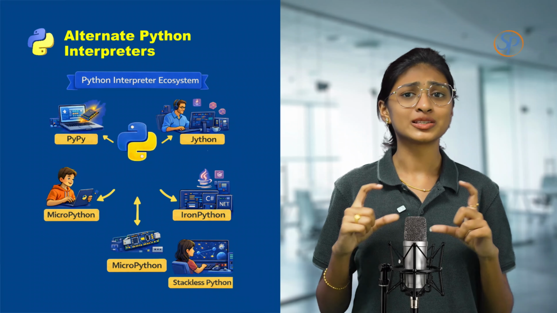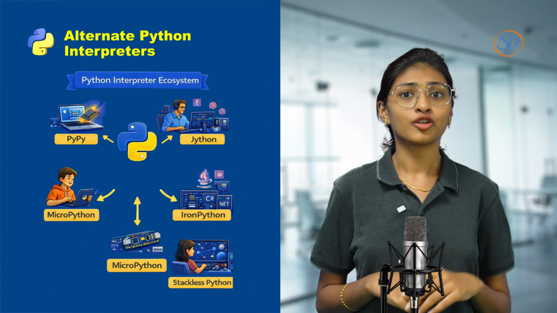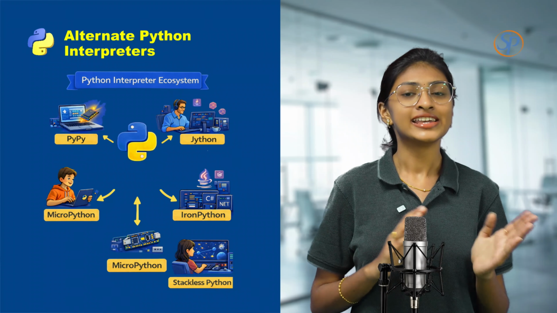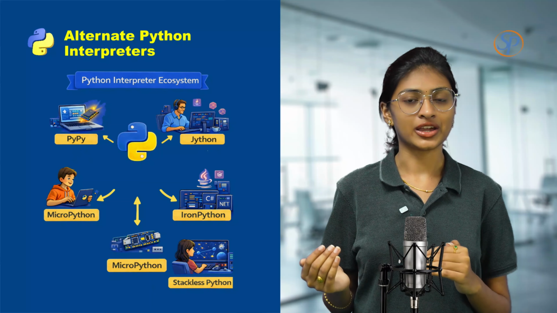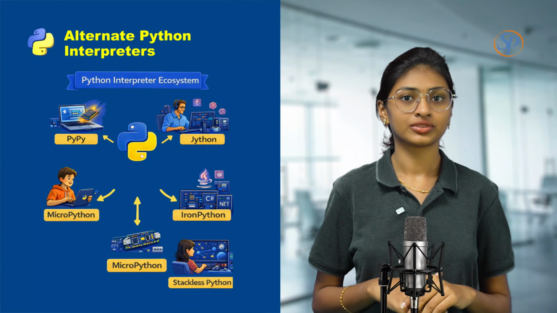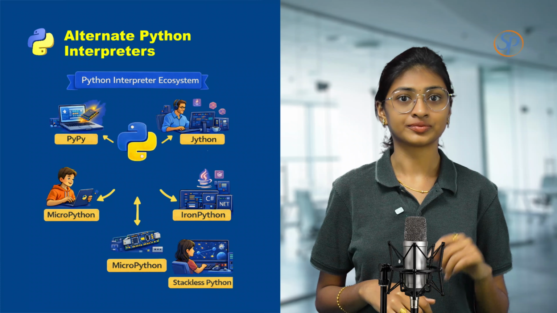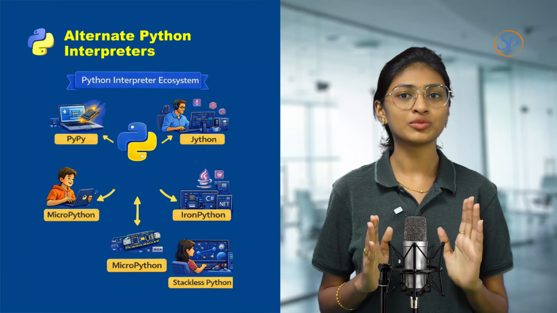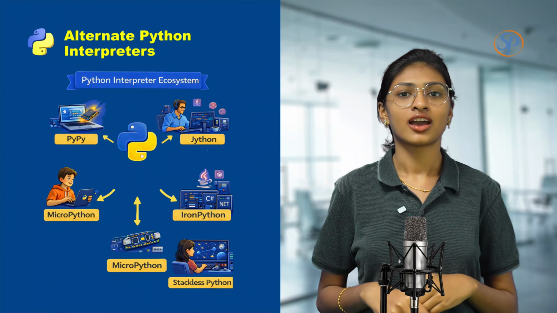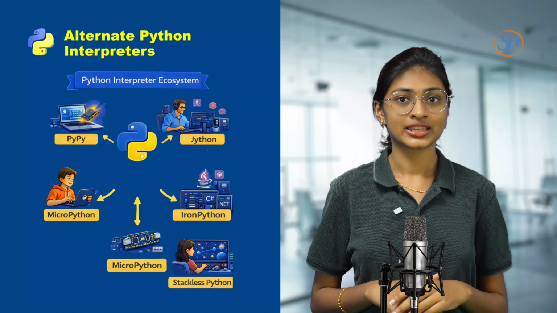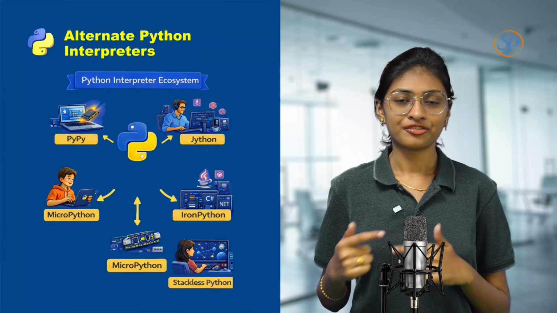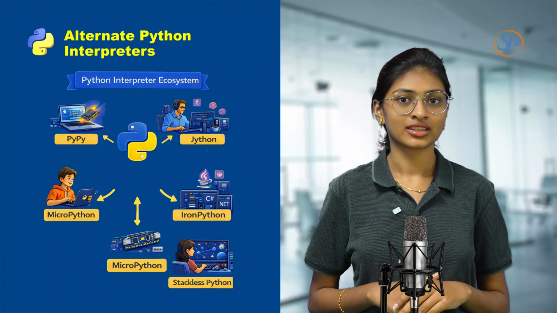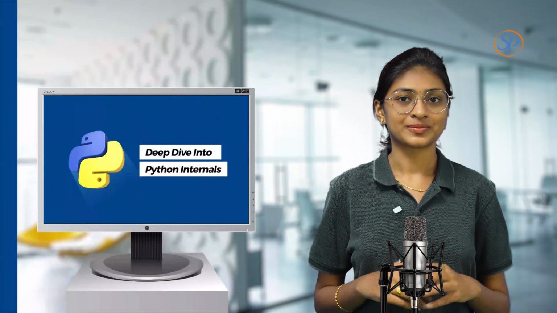MicroPython, a very small Python interpreter for microcontrollers like ESP32 and Raspberry Pi Pico. Stackless Python allows millions of tiny microthreads suitable for simulations and games. Each interpreter fits a specific ecosystem and purpose.